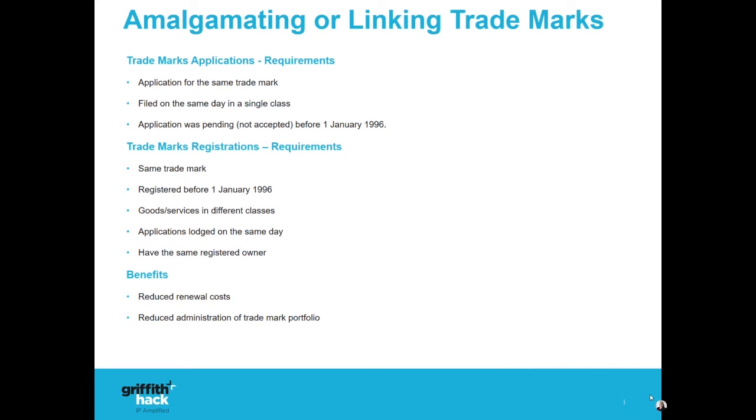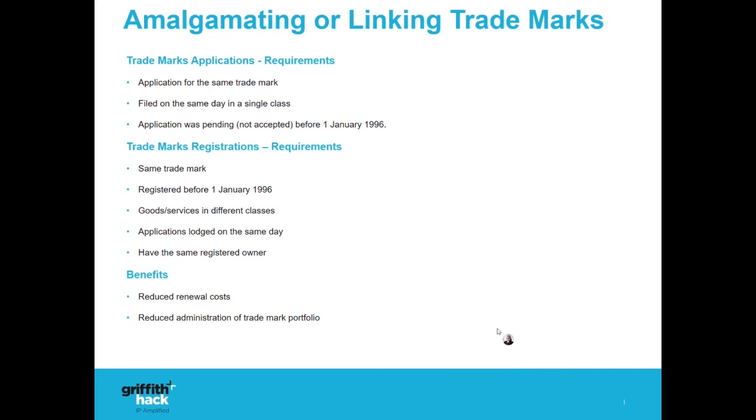So if the registrations were filed on 1 March 1988, the priority date will stay at that date. And there are no official fees required to apply to link a trademark.